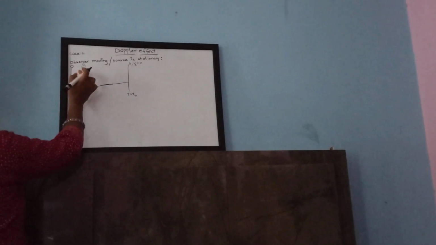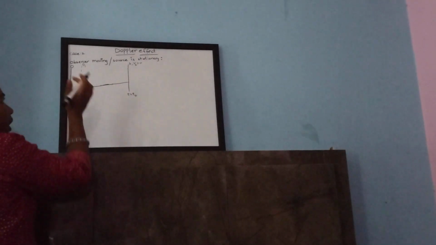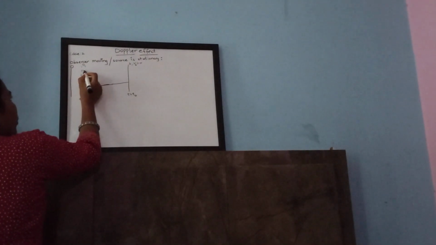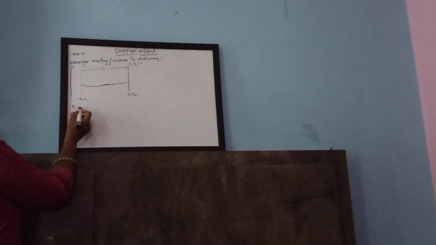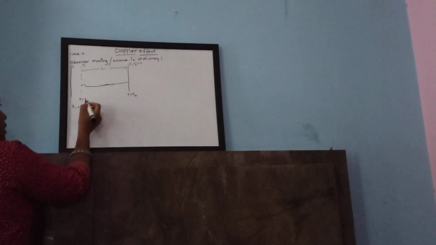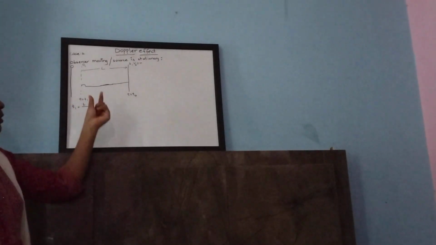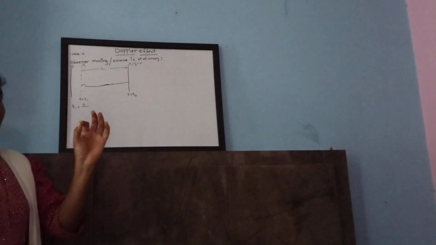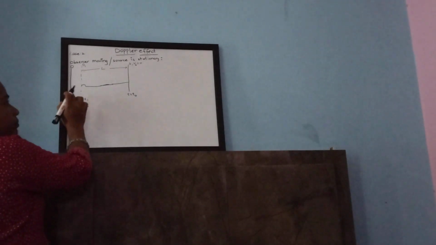Suppose the distance between the source and the observer when he receives the first crest is L. From this we can get T1. T1 is equal to distance by velocity. The distance is L here, but what is the velocity? We have to note that the velocity of the crest reaching the observer will increase. How?